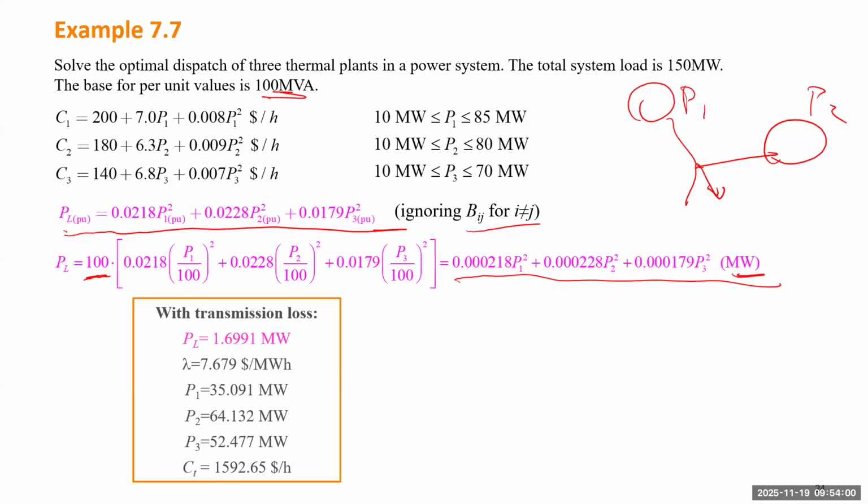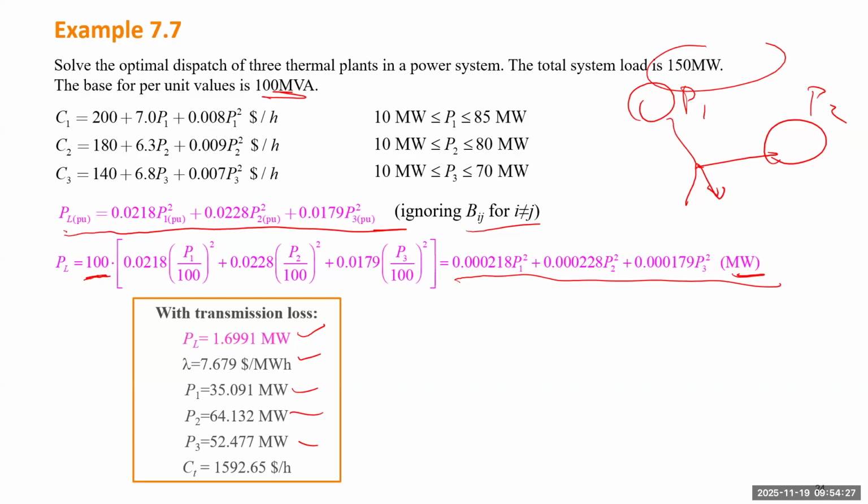If you solve this problem, the final answer says, this is P1, P2, P3, and this is lambda, and the total transmission loss only takes about 1.7 megawatt compared to the total load. The total load is 150.